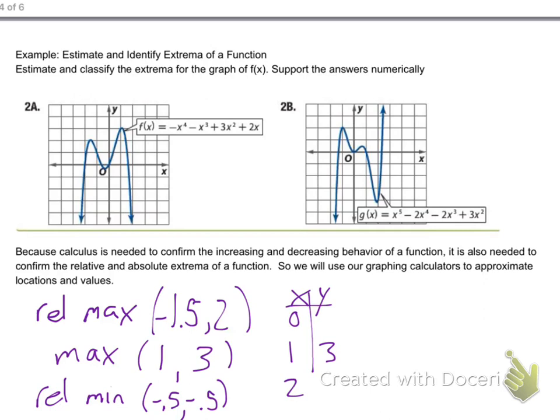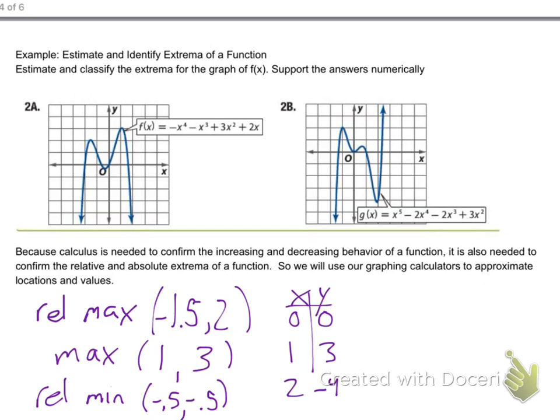If I put 0 in, I get something like 0. If you put in 2, you end up with something like negative 4. So, could you say that 3 is the biggest number? Yeah, you're throwing some support behind the fact that you're calling 1, 3 the max.